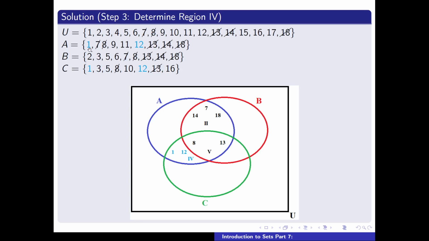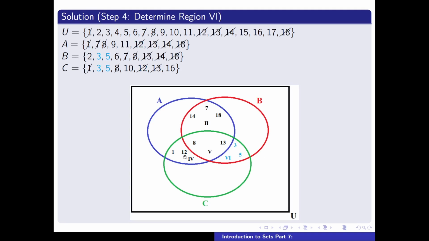So we see that the elements 1 and 12 are shared in common with both A and C. So those go into region 4. Now we mark those off of our set, so they're out of our universal set, they're out of set A, set B, and set C. And we move on to region 6 here.